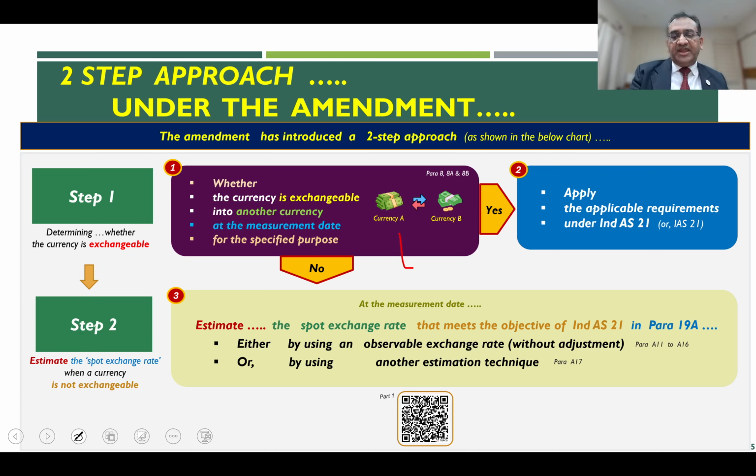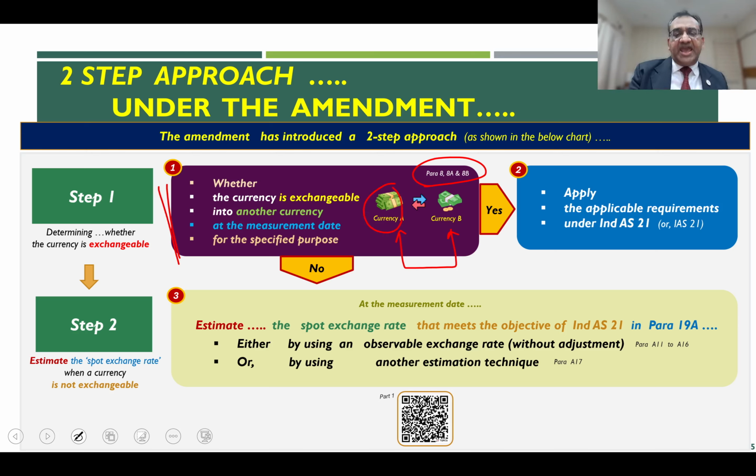So we introduced this concept: currency A, currency B, whether that is exchangeable or not. The paragraphs which deal with this determination are paragraph 8, 8A and 8B of the standard. Here, our focus is to ascertain whether the currency is exchangeable.